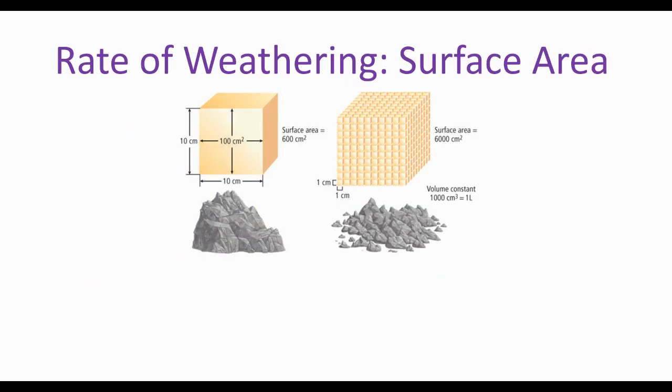Surface area is going to have another huge effect on how quickly things weather. Okay, so what we know from this presentation so far is that mechanical weathering breaks rock down into smaller pieces.